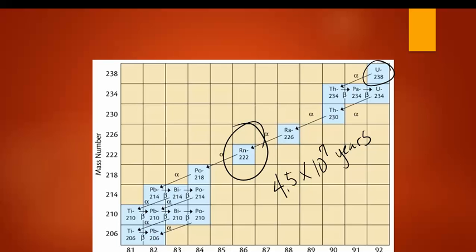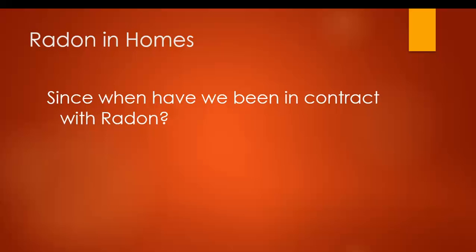Radon, unlike all the others, is a gas. So as soon as radium becomes radon, radon starts working its way through the soil or through the rock and comes out and gets into our air. That is why radon is our #1 problem when it comes to radioactive substances.